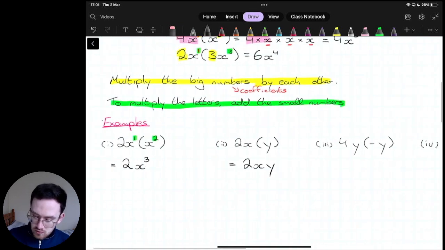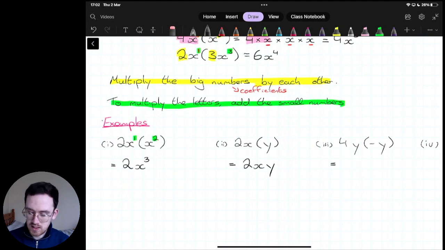For part 3 here, we have 4y multiplied by minus y. And we should remember again that if we can't see a number in front of the letter, then it's the same as having 1. So it's 4y multiplied by minus 1y.